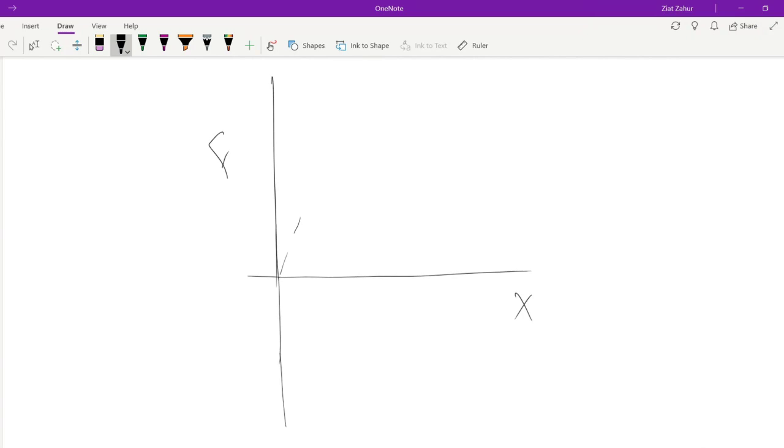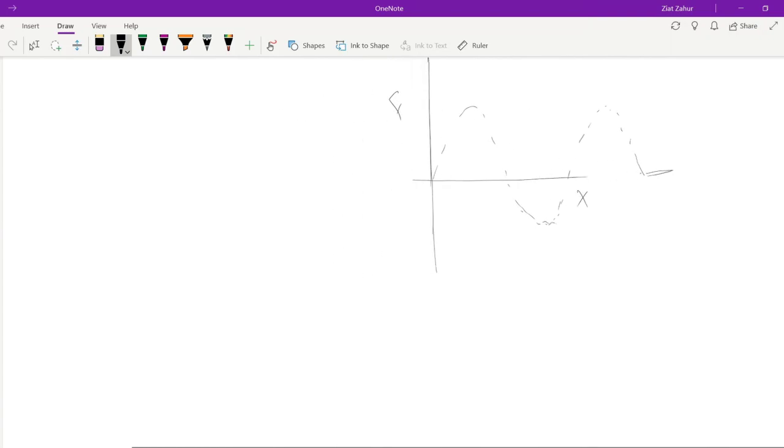Right, it starts from 0, it goes like this, it does some weird thing, and then it goes up again, and then it stays horizontal, so something like this. So the graph doesn't technically represent what the car is doing.